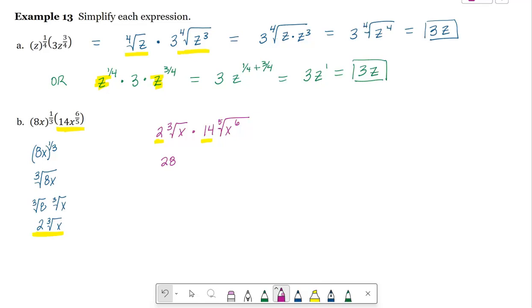And then I've still got a cube root of x and the 5th root of x to the 6th power. Looking at this guy here, I've got 5 plus 1 x's. So maybe one of them could be taken out of that radical symbol.